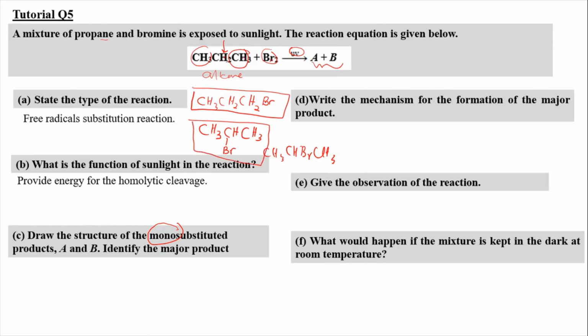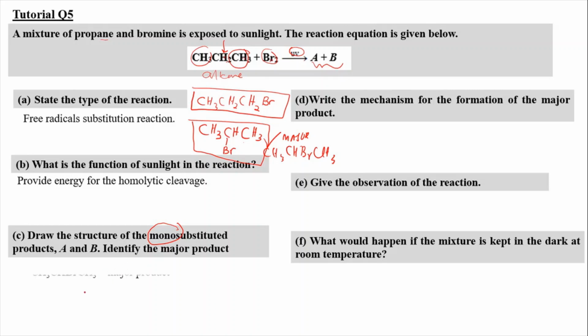Alright, so in this case, one of them is the major product and one of them is the minor product. So basically this one is going to be the major product, because in the substitution reaction, this forms a secondary free radical. Meanwhile for this one, they only produce a primary free radical. Okay, and Br here is situated at carbon number 2.